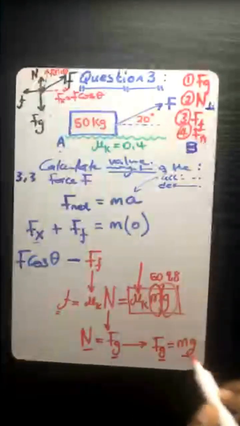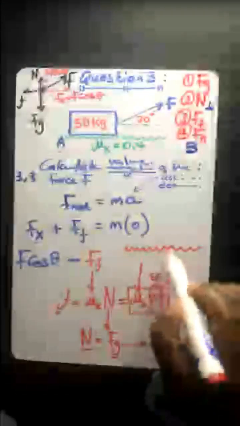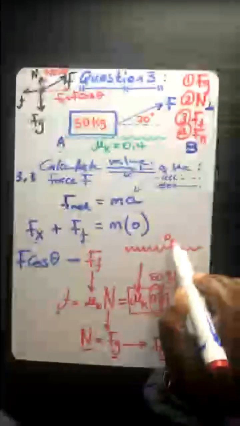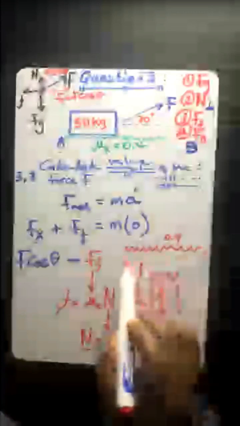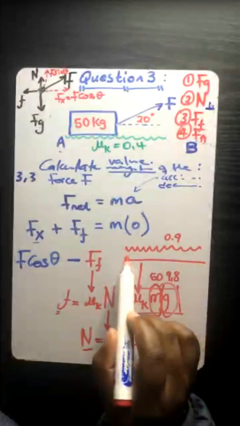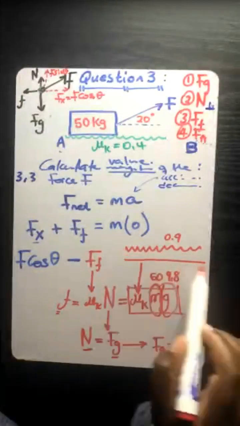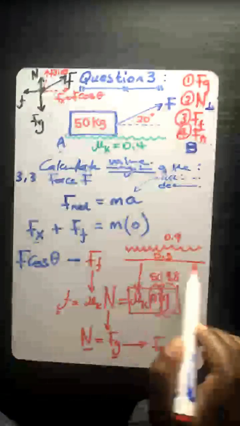This one, mu, depends on the material. If you have an object moving on a gravel road, the mu might be some value. Obviously, if you are sliding on a surface which is ice, the mu is going to be different. I'm just giving an example.